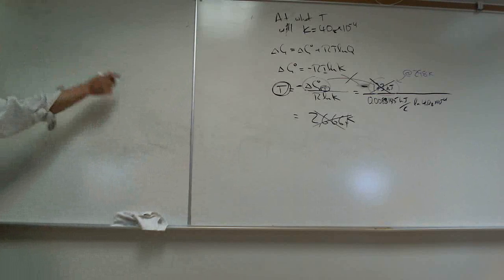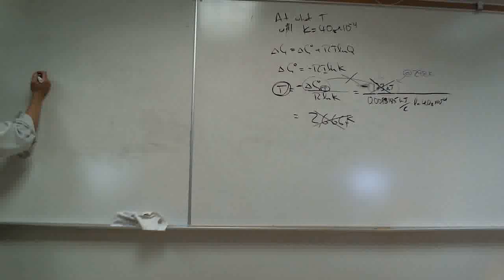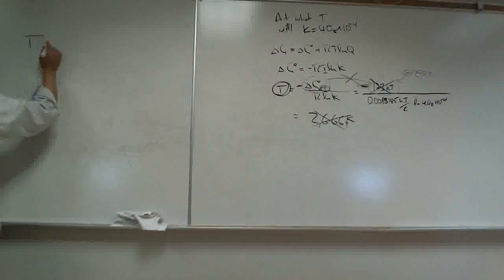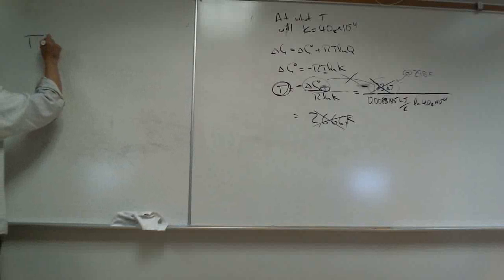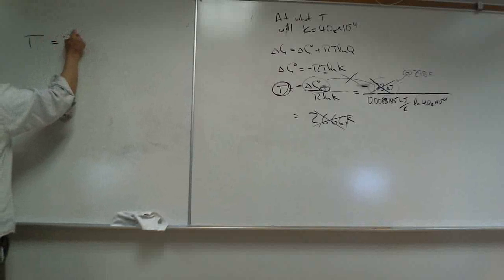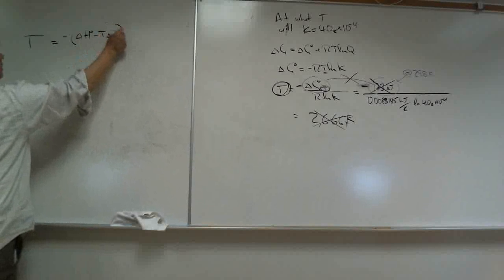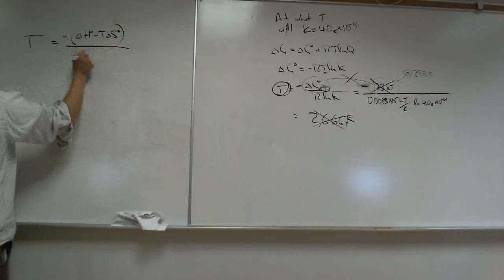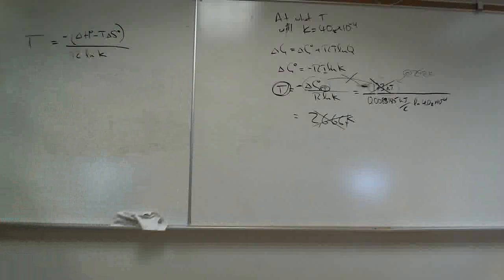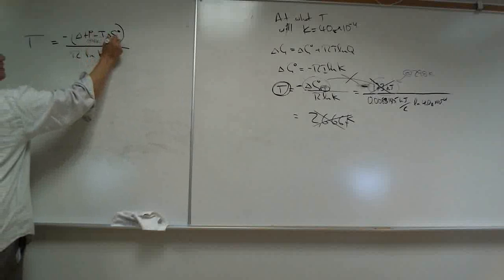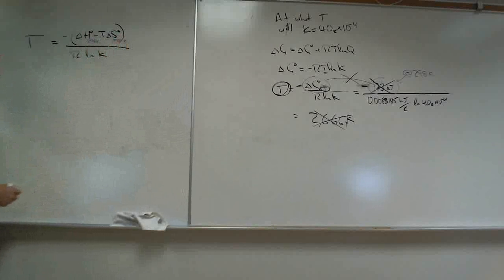Rather than doing this, we know delta G changes significantly with temperature, but instead of using delta G, we use delta H minus T delta S. This is equal to delta H naught minus T delta S naught, divided by R ln of K. Now, we're going to make the assumption that the value at 298 Kelvin is acceptable.